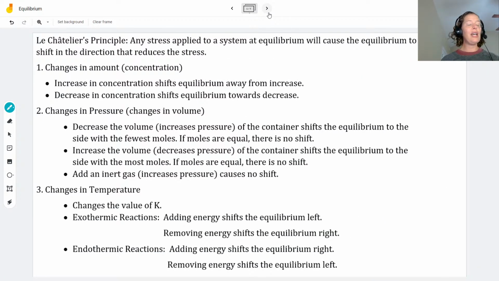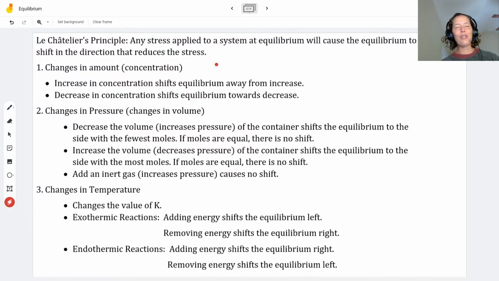Let's talk about Le Chatelier's principle. Okay, so I have summarized Le Chatelier's principle in these steps, but I'll also write reactions and kind of show you what's going on. So in a nutshell, Le Chatelier's principle states that any stress applied to a system at equilibrium, so first you have to establish equilibrium, then you apply some kind of stressor, is going to cause the equilibrium to shift in the direction that reduces the stress.